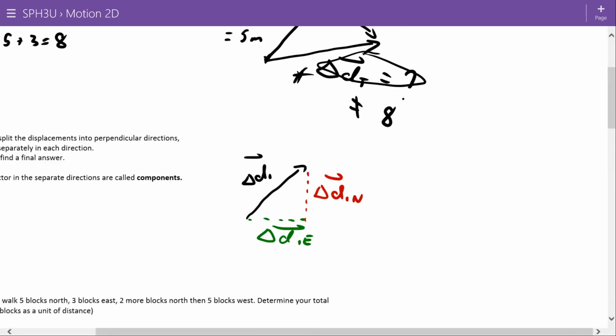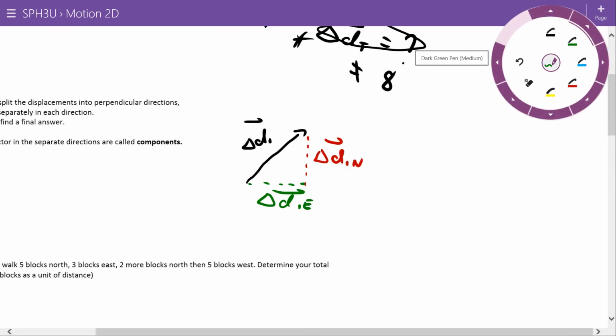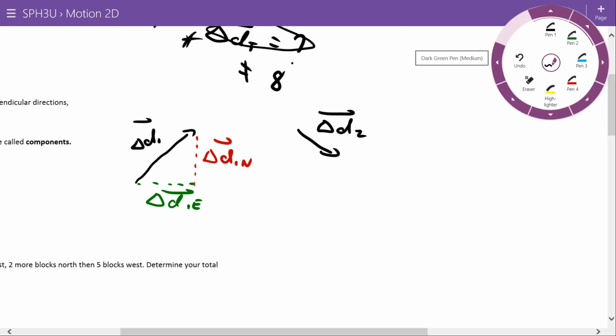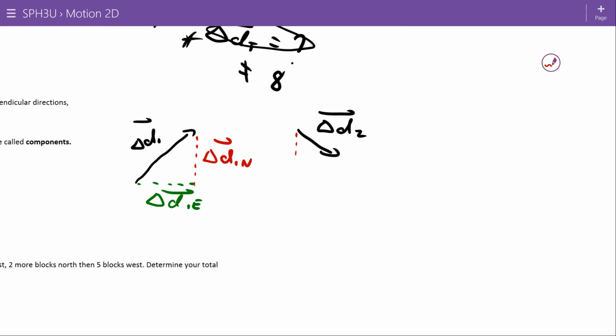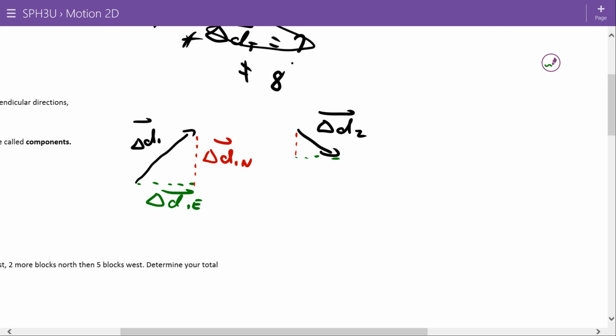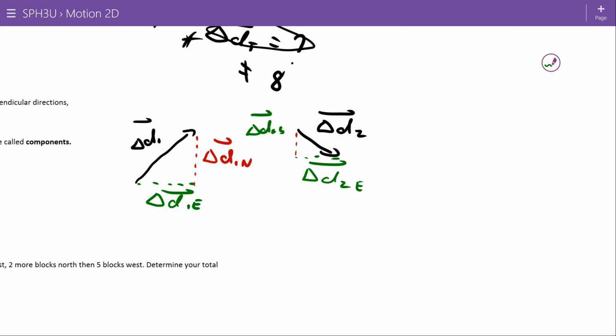Alternatively, I made my delta d2 look like this. And what we're essentially saying is that we will take the components of this vector, and so we would call this delta d2 east and delta d2 south, and we're going to see how that turns into a negative when we actually get into the math of this.